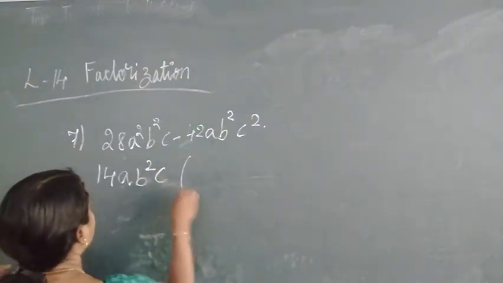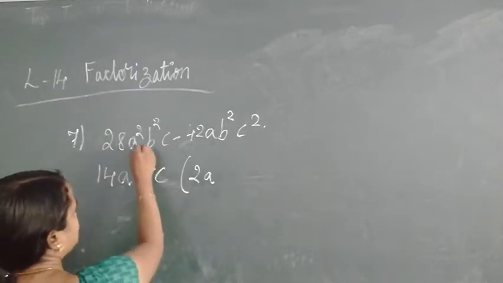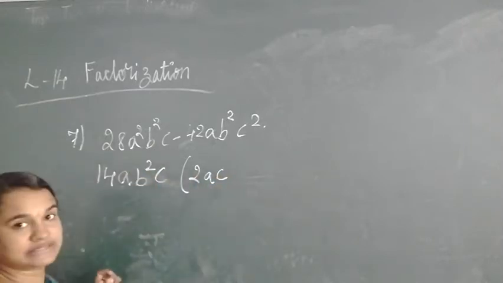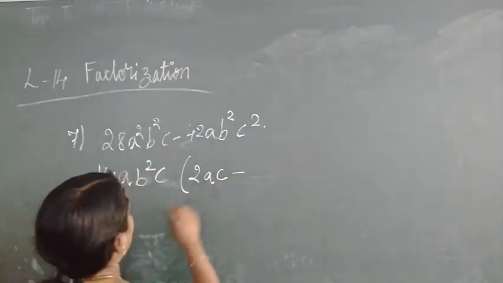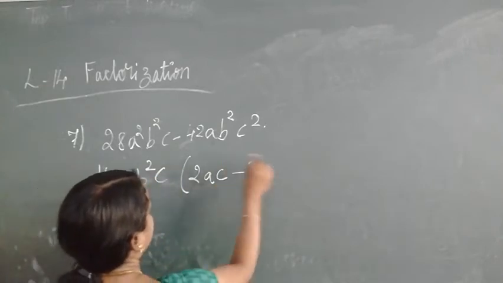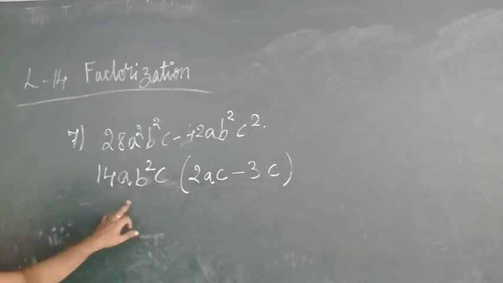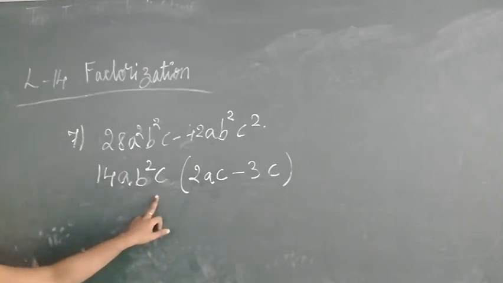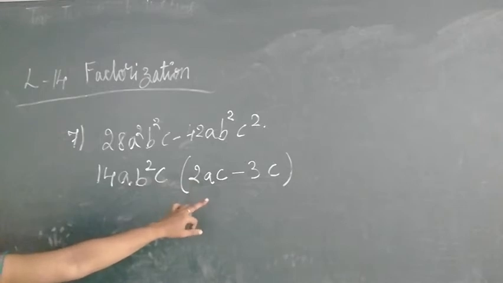Now 14 2s are 28, a already, we have taken out one single a, so a is left. b square taken, left part is c. Minus, here 42 means 14 3s are 42, a already taken out, b square also taken out, only c left. So our answer is 14ab square c into (2a minus 3c).